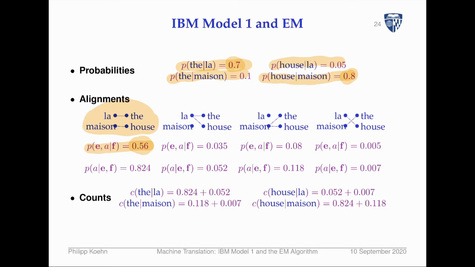So let's look at the second one. The aligned to la, house aligned also to la. The aligned to la, that's still up here. House aligned to la, that's this number here, not very high. So we're multiplying that up. 0.5 times 0.7 is 0.35, and here 0.035 shows up.